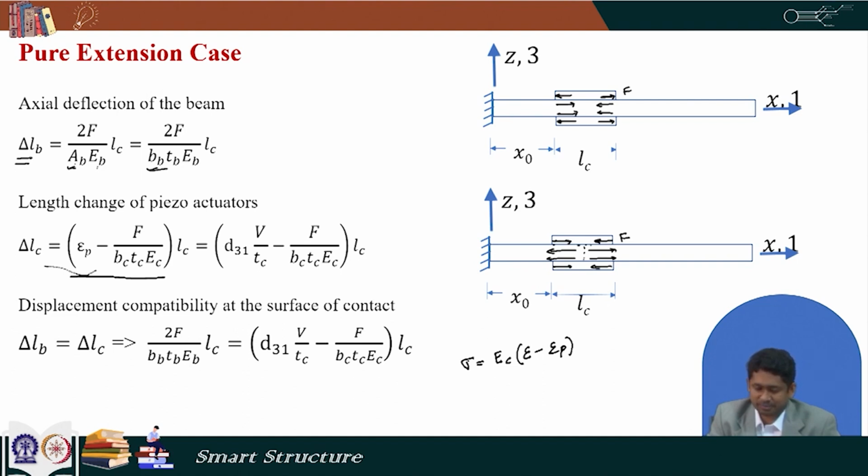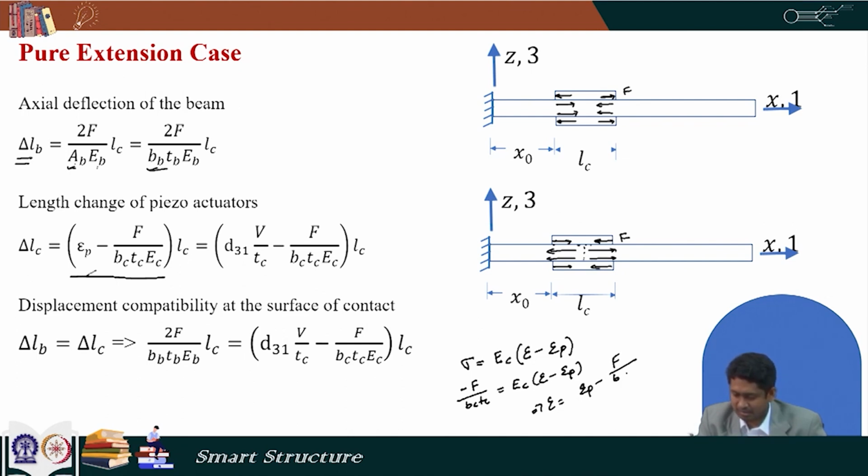To get the stress, we have to get it from the force, from this force F. Now, we are denoting the force in the beam as F. So, in the actuator it is minus F. So, it is minus F divided by BC TC is equal to EC multiplied by epsilon minus epsilon p, and then by solving this we get the expression as epsilon is equal to epsilon p minus F by BC TC EC.